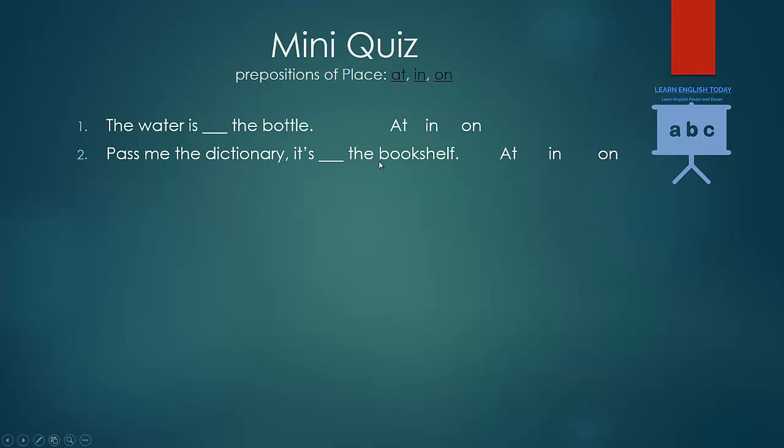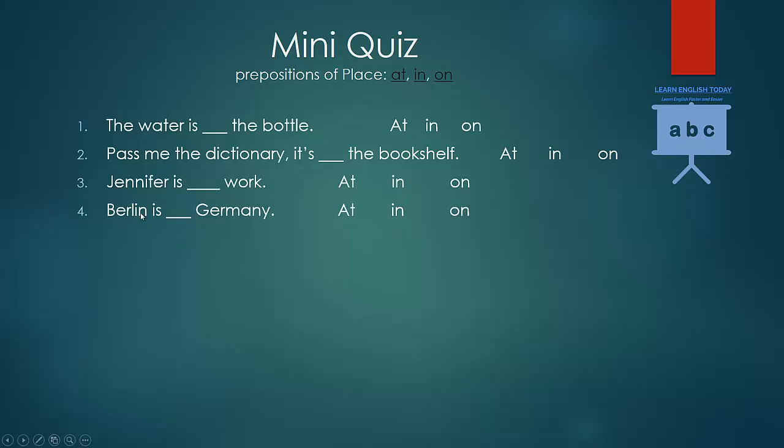Number 3. Jennifer is work. Which one? At, in, on. Yeah, exactly. At work. Jennifer is at work. Number 4. Berlin is Germany. At, in, on. Yeah, in.